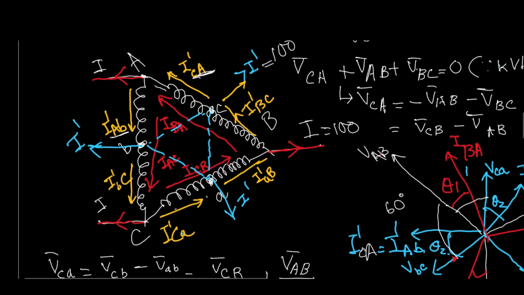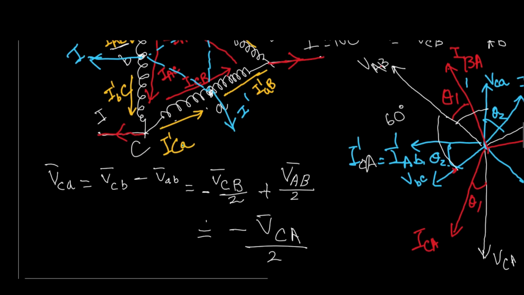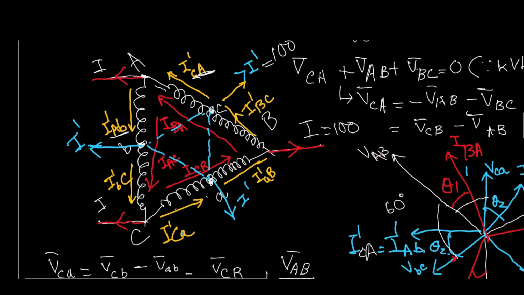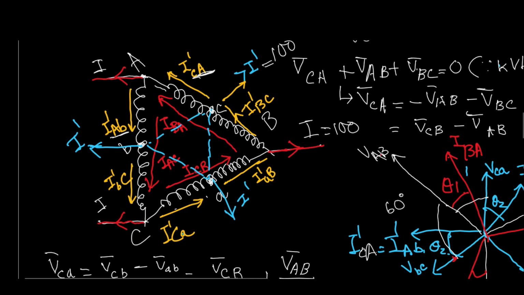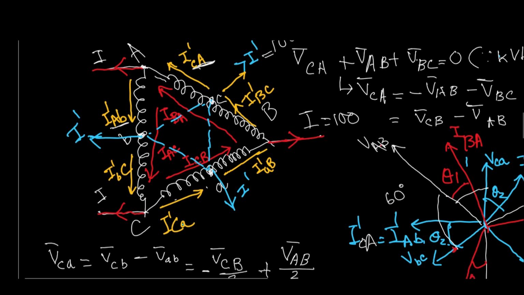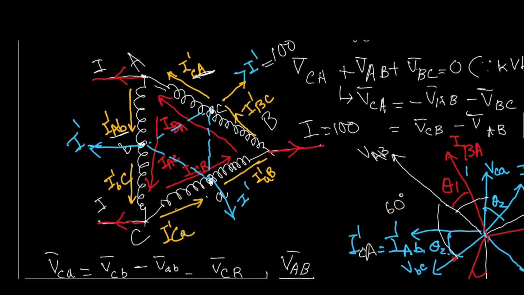Now, take the outer triangle ABC and the interior triangle ABC. By exploiting a trigonometric property, you can understand that the side of the interior triangle is half of the exterior triangle voltage.